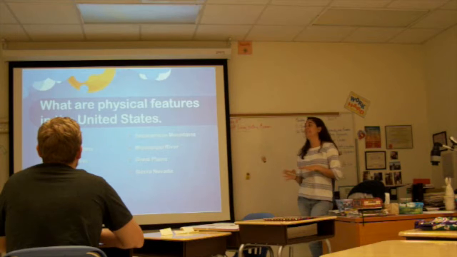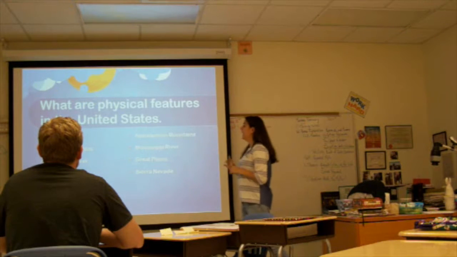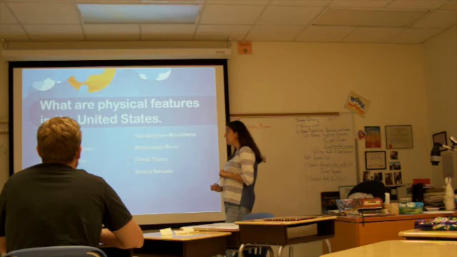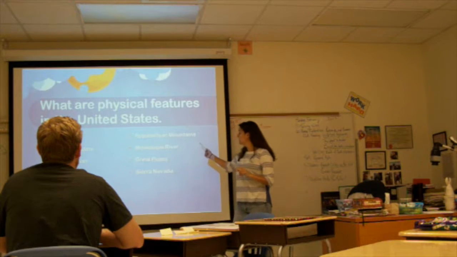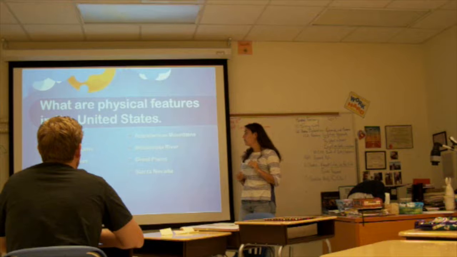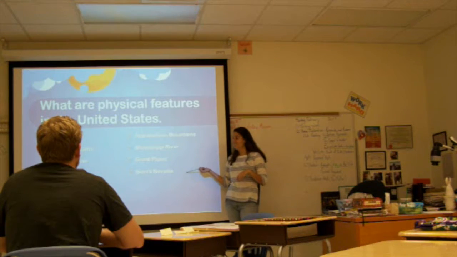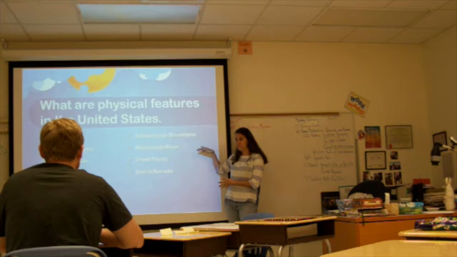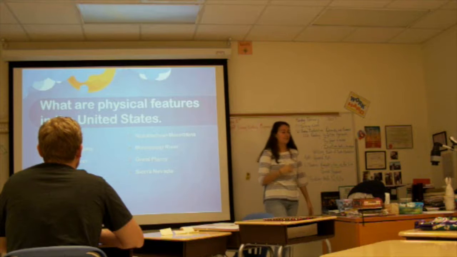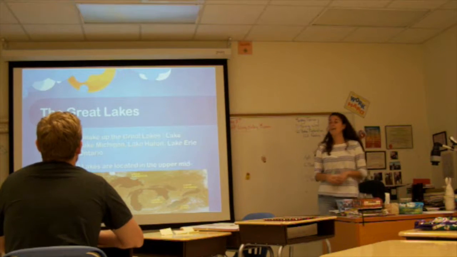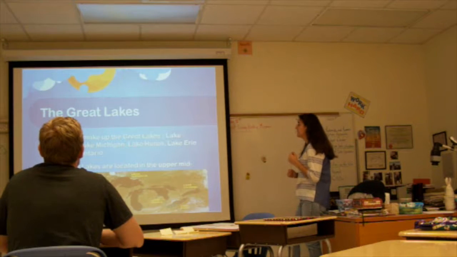What are physical features in the United States? So we have the Great Lakes, Rocky Mountains, the Colorado River, the Missouri River, the Appalachian Mountains, the Mississippi River, Great Plains, and the Sierra Nevada. So we have a few on here, right? Okay, we have the Great Lakes.